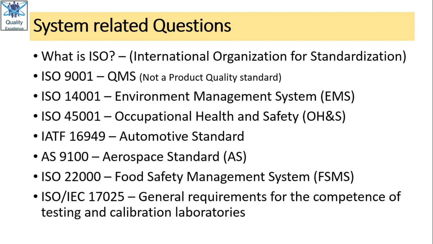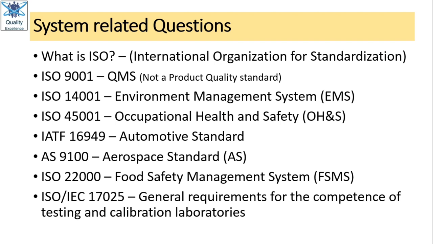IATF 16949 is the automotive standard. Mainly all automotive OEMs, original equipment manufacturers, as well as their suppliers, have to be certified through this standard, that is IATF 16949. AS9100 is the aerospace standard. If you want to work for aerospace industries, then you should be AS9100 certified.